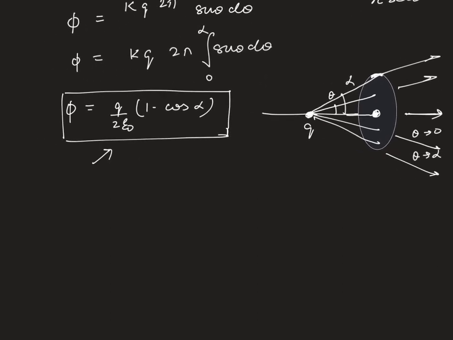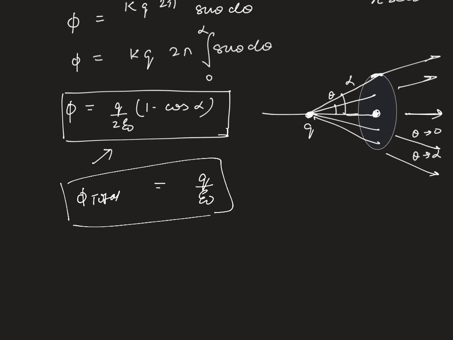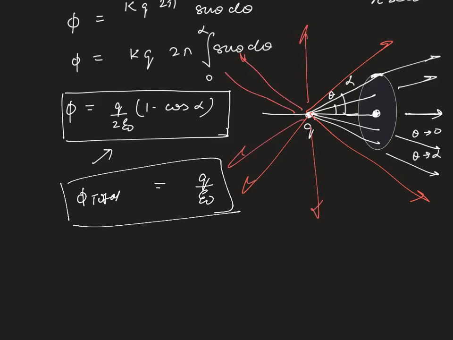Now what is the interesting thing to notice here? The total flux of any charge is q by epsilon naught. We have discussed this before, I am saying it again. The total flux of any charge is q by epsilon naught. And as you can see in the diagram, there are many field lines that are never going to cross this area. I would say a majority of field lines are never going to cross this area.